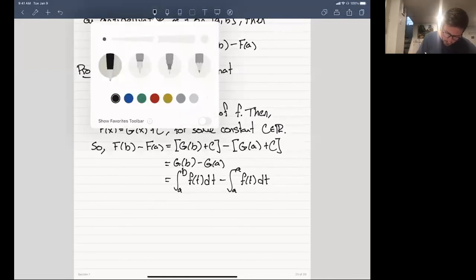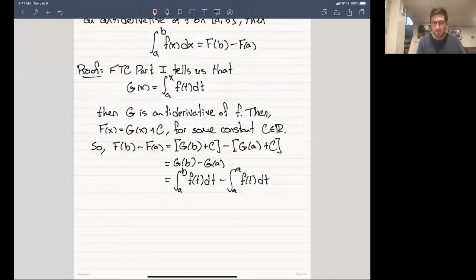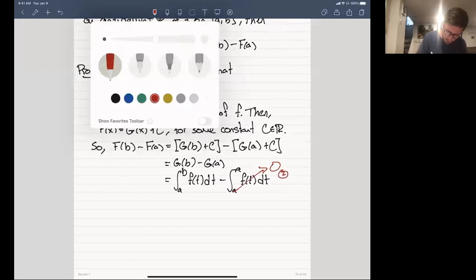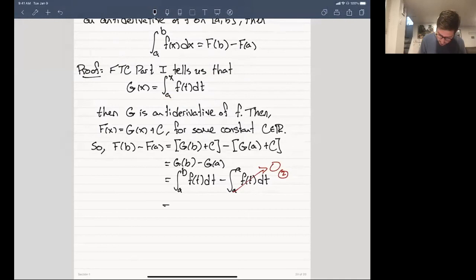But from property number 2 of the integrals that we saw in the last lecture, this thing is equal to 0. And that's property number 2, if we want to label it. And so this gives us exactly what we said we were going to get. So that gives us the proof right there. Isn't that great? That's an excellent way to do this.